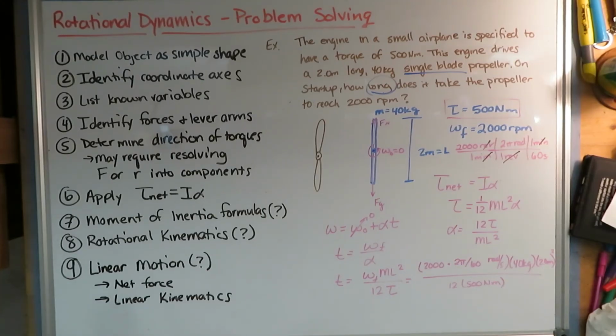And we plug that one in, we get 2,000 times 2 pi divided by 60 times 40 times 2 squared divided by 12 divided by 500. Gives me about 5.6 seconds.